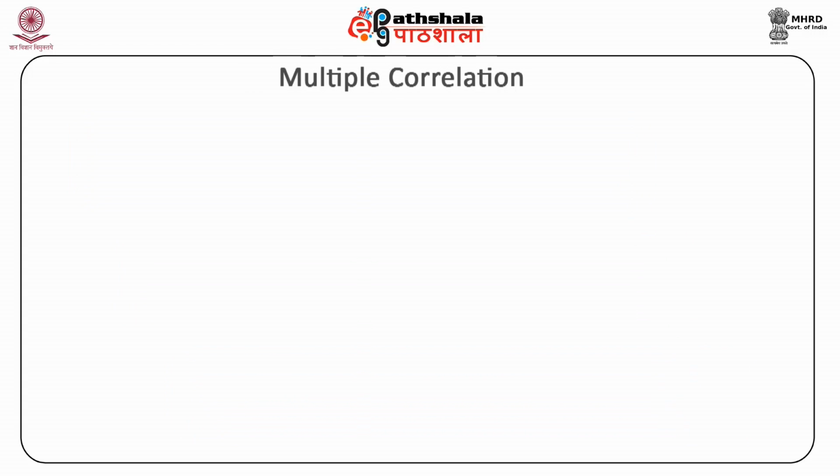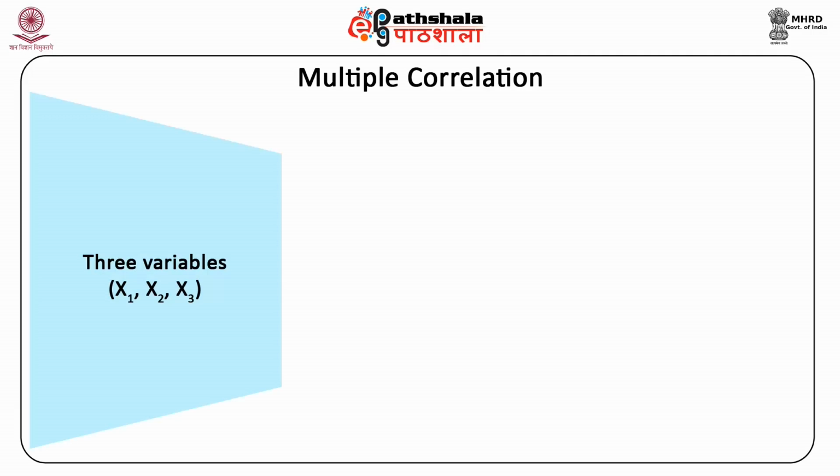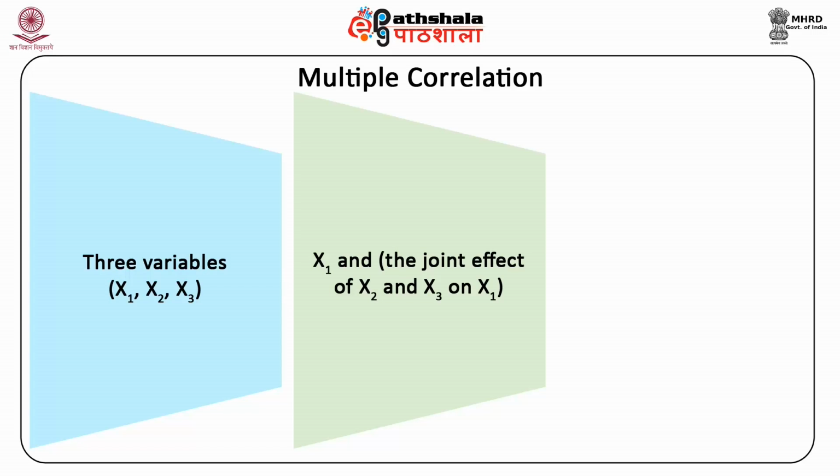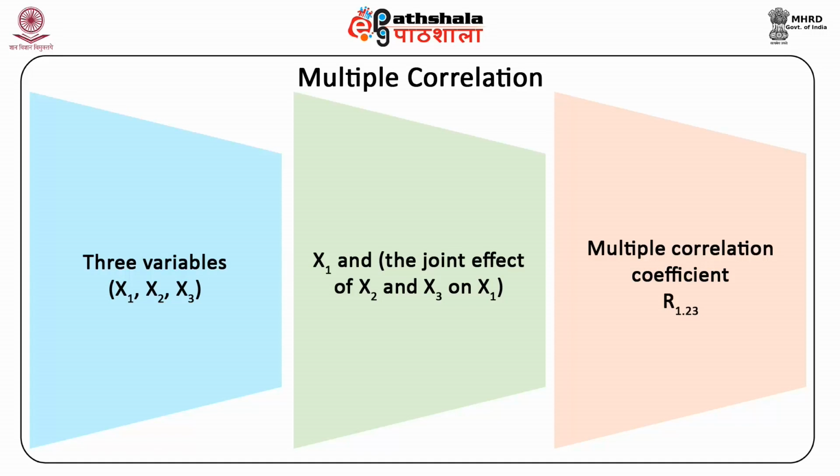In other words, in a trivariate distribution with three variables x1, x2, x3, Karl Pearson's correlation coefficient between x1 and the joint effect of x2 and x3 on x1 is the multiple correlation coefficient of x1 on x2 and x3, and is denoted by R1.23.